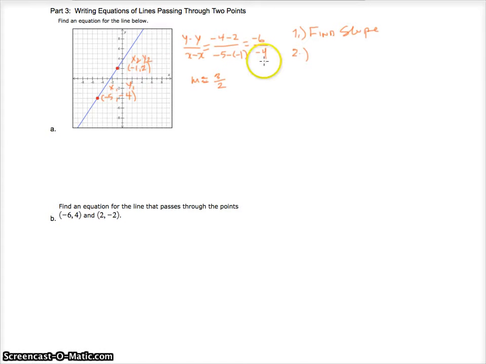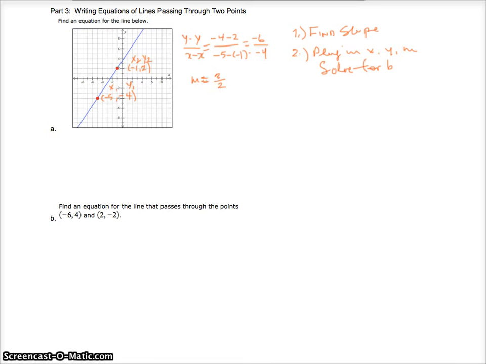Now I've got x, y points and the slope, so I'm going to plug in x, y, and m, and now I can solve for b.